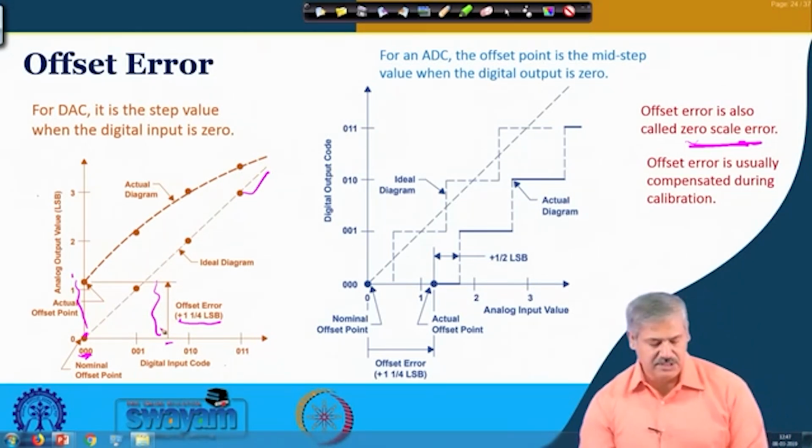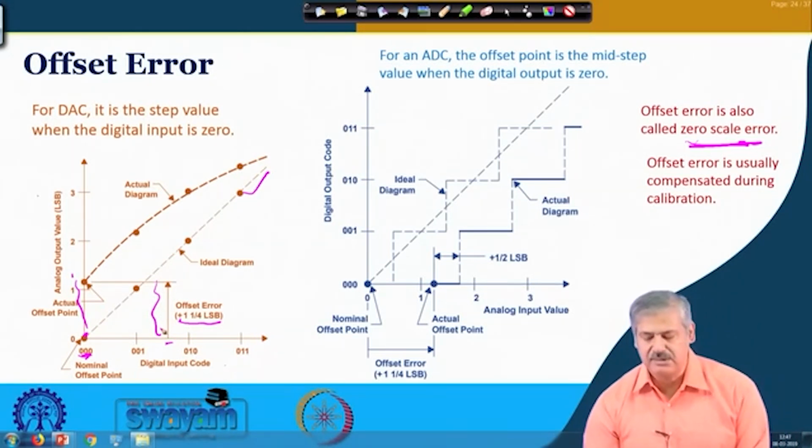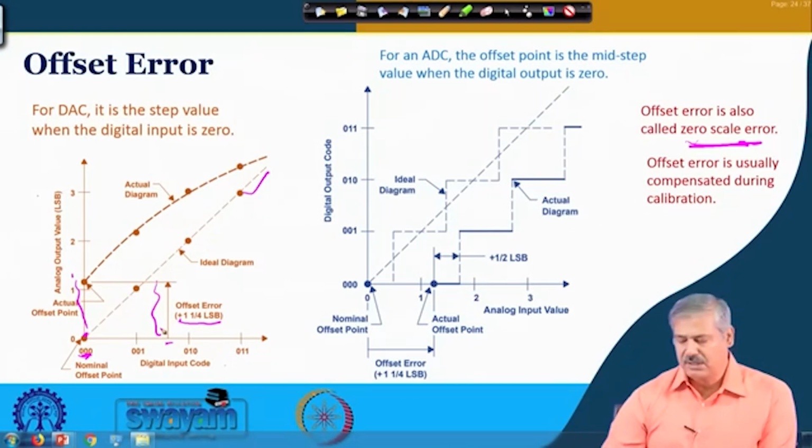Now comes the ADC offset error, right. So for the ADC offset error, again you start, if it is 0, it is 0. Then if you keep increasing the analog voltage, when the first transition occurs, okay, the first transition is occurring over here. So this is related to this offset error or 0 scale error, right.